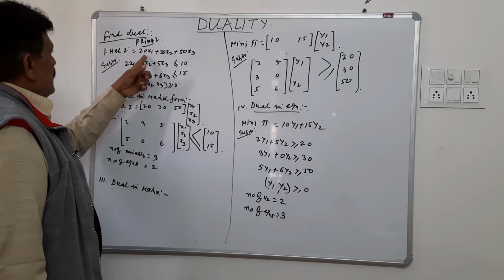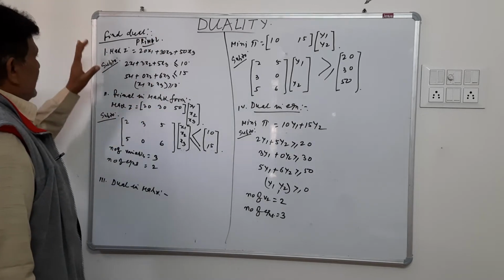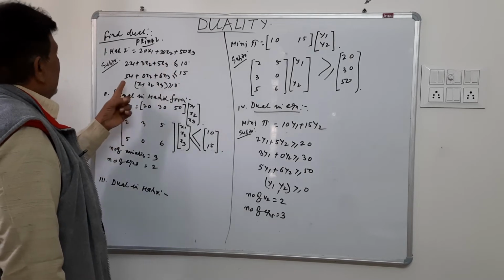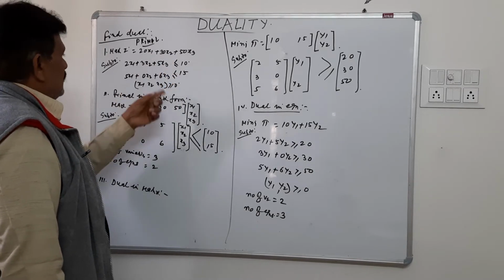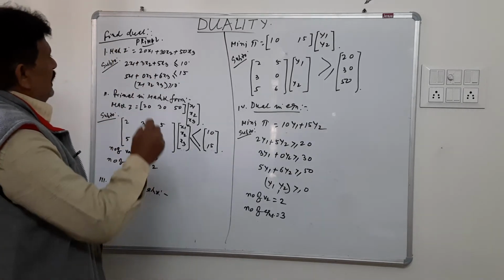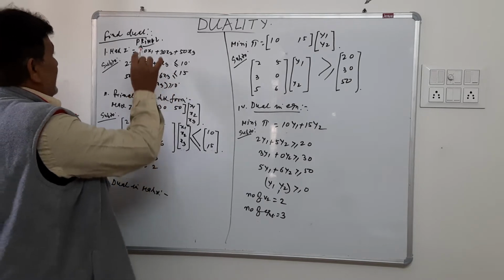Maximize z = 20x1 plus 30x2 plus 50x3 under two constraints: 2x1 plus 3x2 plus 5x3 less than or equal to 10, and 5x1 plus 0x2 plus 6x3 less than or equal to 15. All variables are positive.